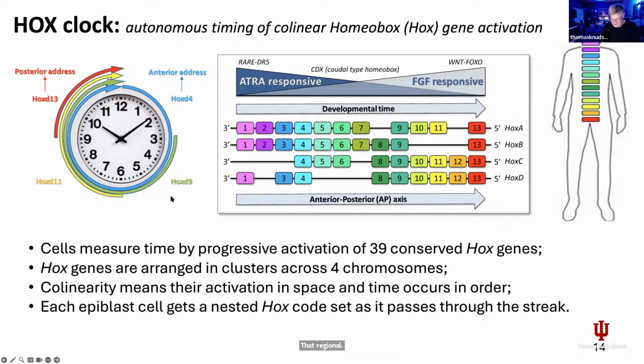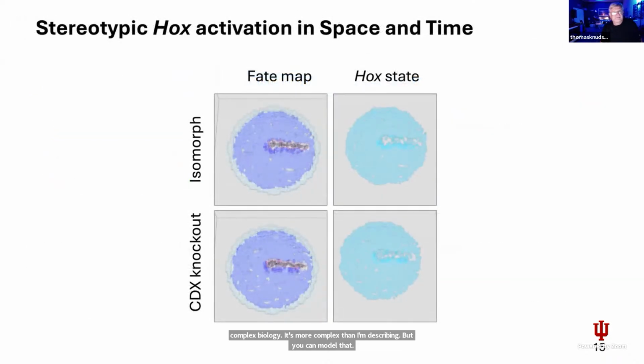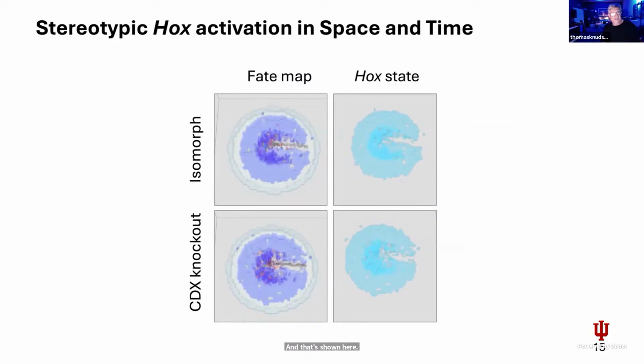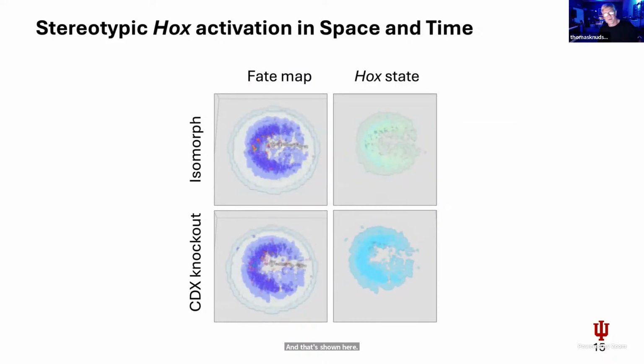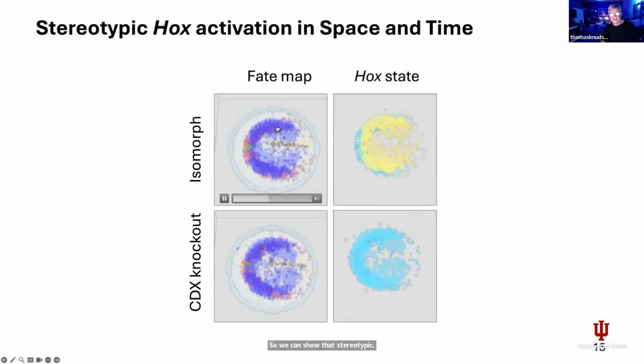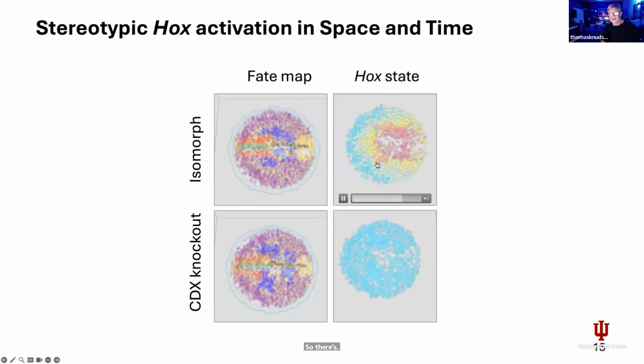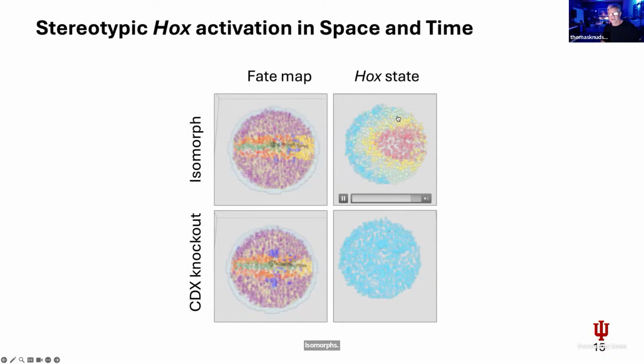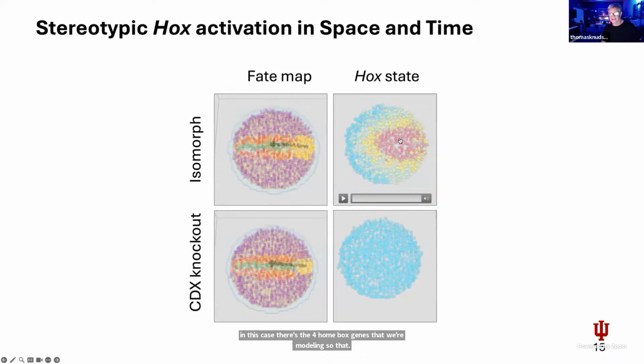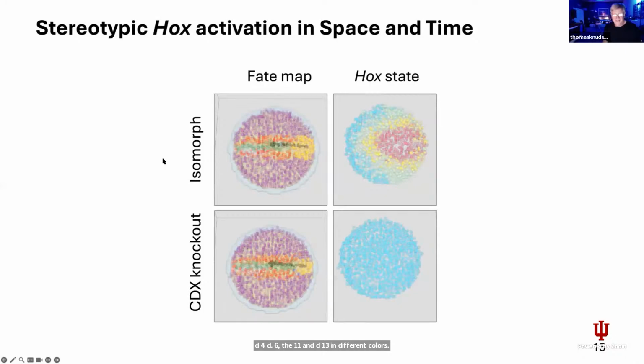Okay, so that's complex biology. It's more complex than I'm describing, but you can model that. And that's shown here. So we can show that stereotypic activation of homeobox genes in time and space. So there's our isomorphs. And in this case, there's the 4 homeobox genes that we were modeling, D4, D9, D11, and D13, in different colors. And I'll go back to the schematic.